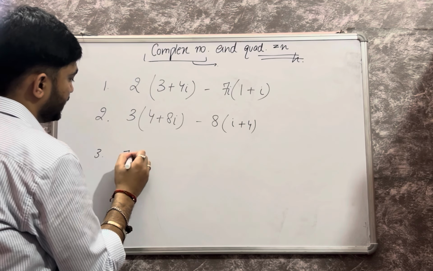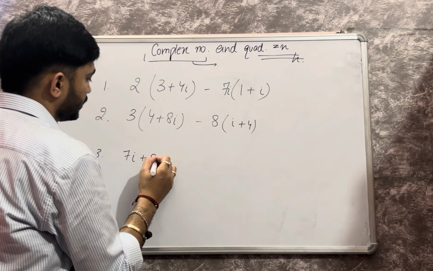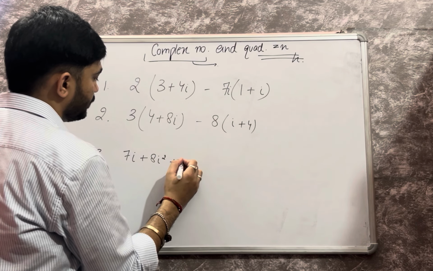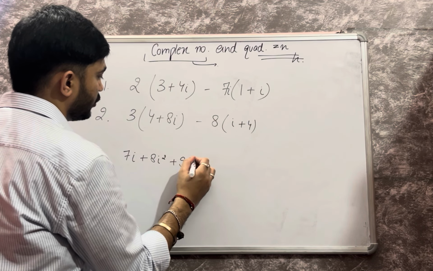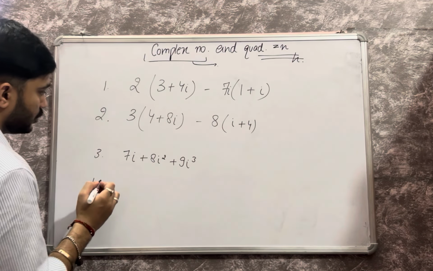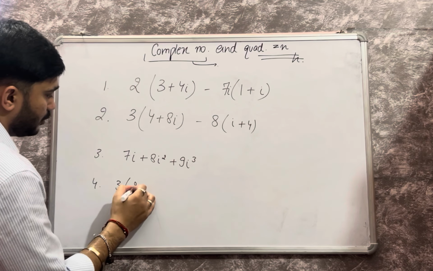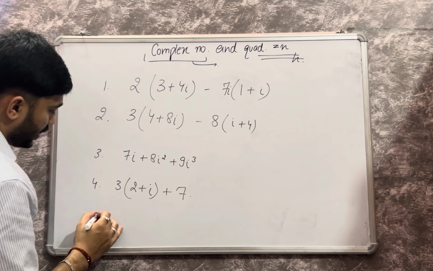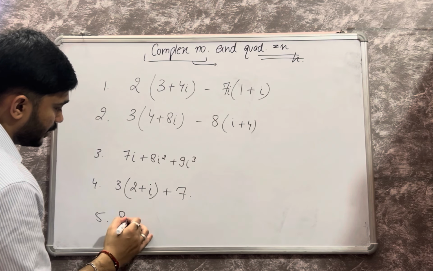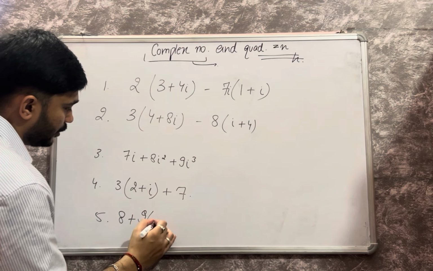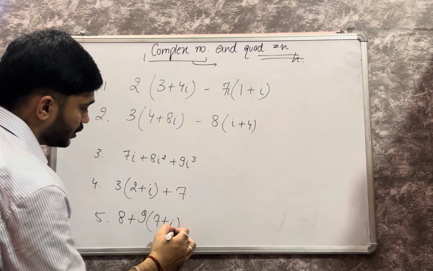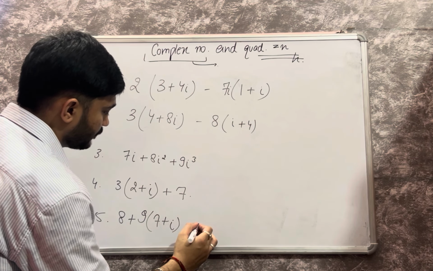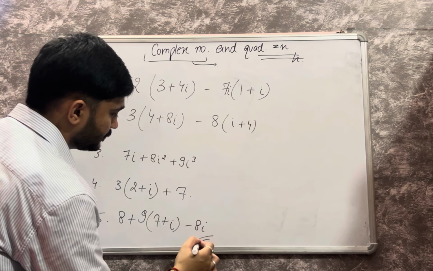Third will be 7 iota plus 8 iota square plus 9 iota cube. Fourth will be 3 into 2 plus iota plus 7. And the last one will be 8 plus 9 into 7 plus iota minus 8 iota.